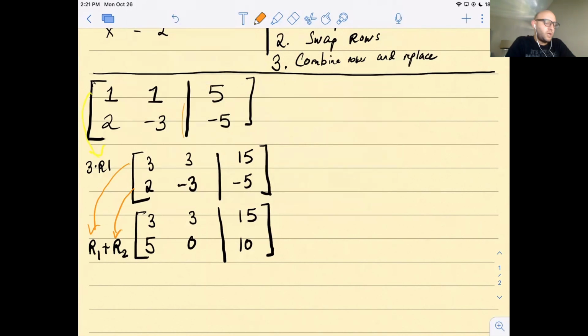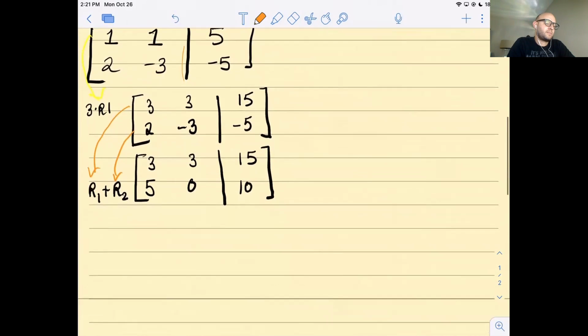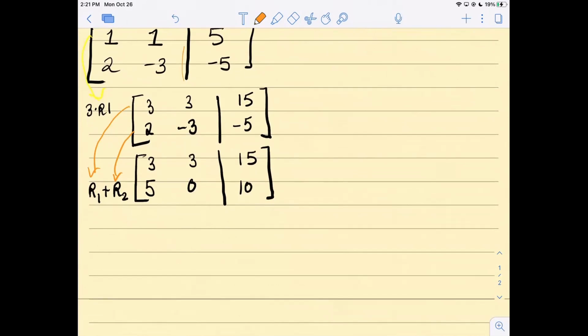And then what can we do next? How do we try to solve for y here? Or sorry, solve for x. Any ideas?